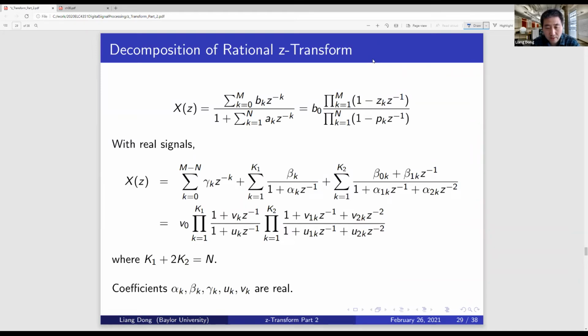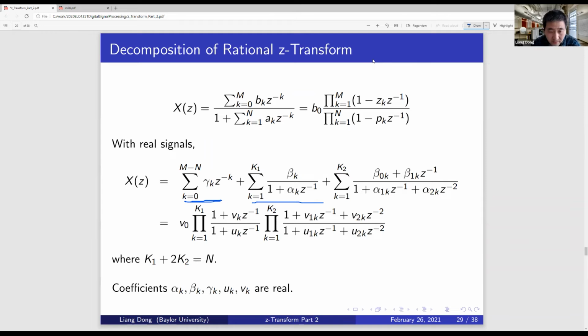If they are real, I know I can always decompose into this format. So the first one is a polynomial, obtained by doing a long division. And then these terms are all single poles, with all the alphas and betas being real coefficients.